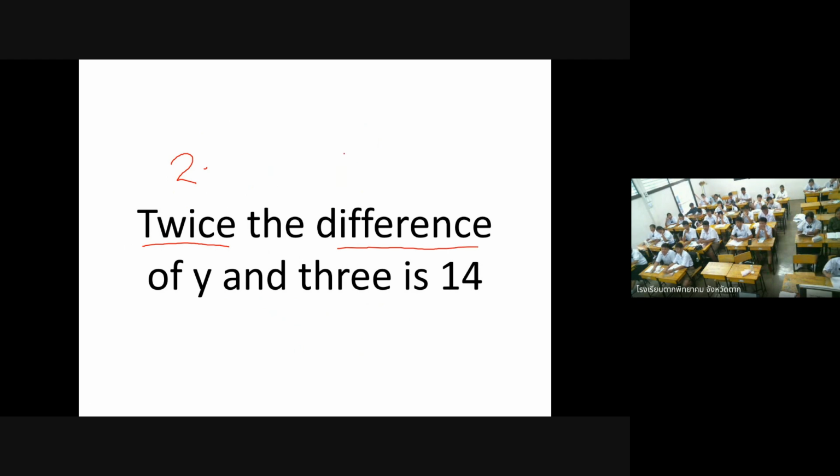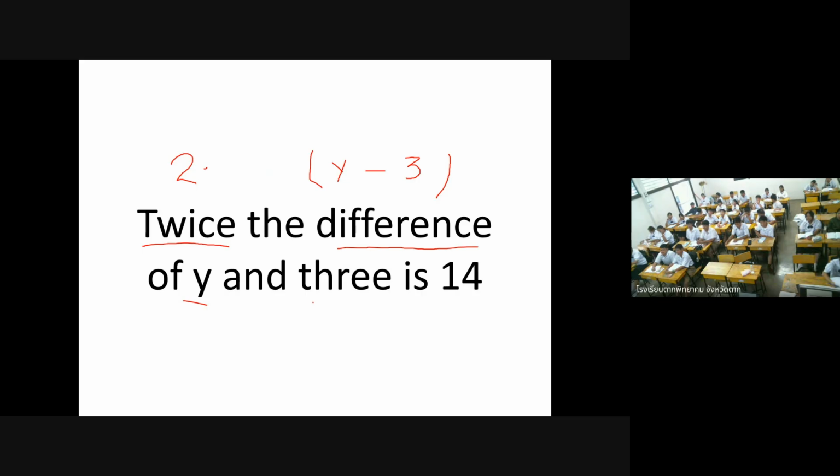Difference is the quantity, we studied this last week, subtract.